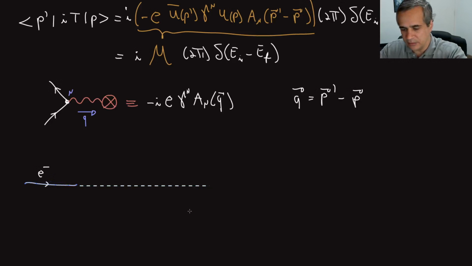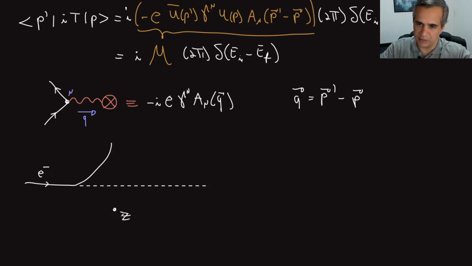And this guy is scattered out by some nucleus that will be characterized by the atomic number Z, some distance away. And I can define, if I take this original line and take the plane orthogonal to the direction the electron was going, an impact parameter which will be important, as we know.